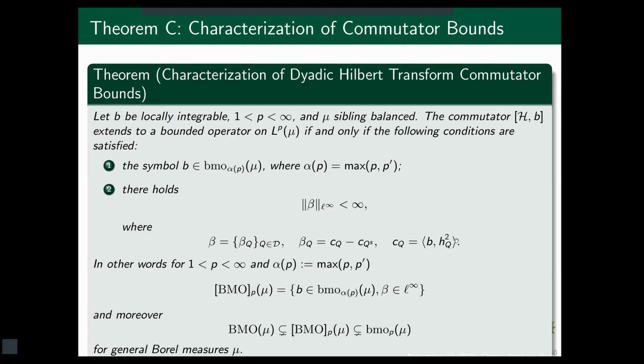And so h_Q squared is actually something more complicated than just 1 over the measure of Q times the characteristic function of Q. So this is a somewhat weird condition, but it reflects the action of the operator, that this operator sort of interchanges dyadic siblings. And this characterization completely characterizes when this commutator is bounded on L^P.